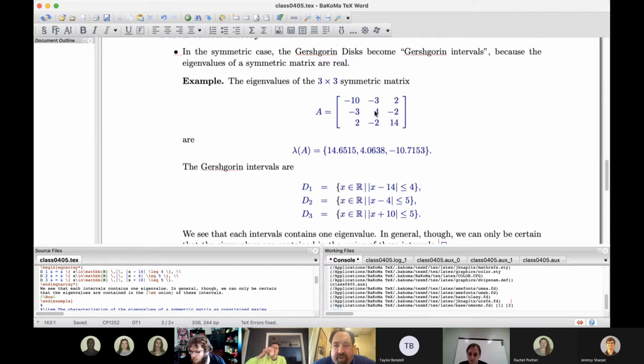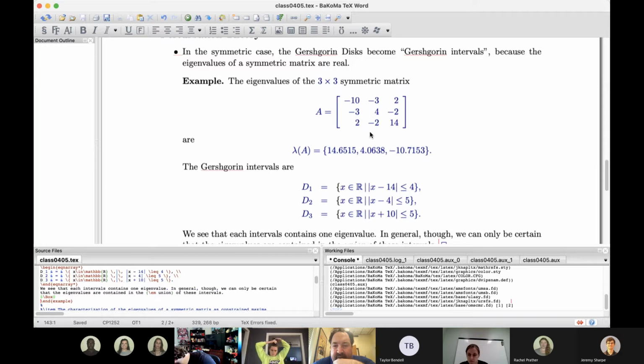So here we have a symmetric matrix, and here are the actual eigenvalues to a few decimal places. The Gershgorin intervals are intervals that are centered at the diagonal entries. So 14, 4, and minus 10 are centers. And then the radii of these intervals come from the sums of the absolute values of the off-diagonal entries.